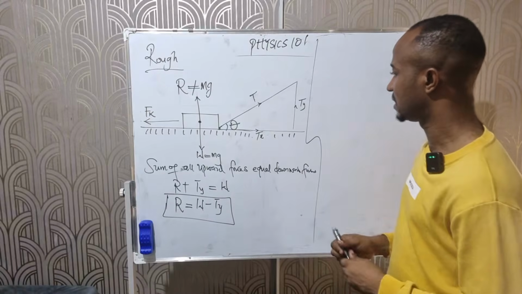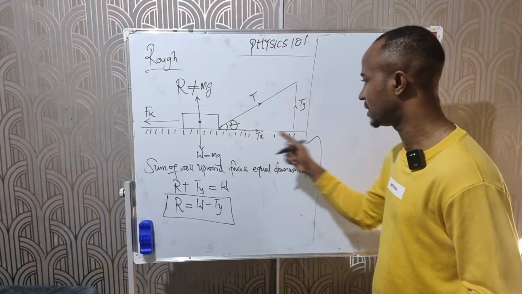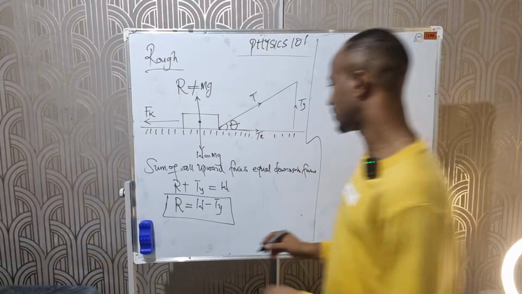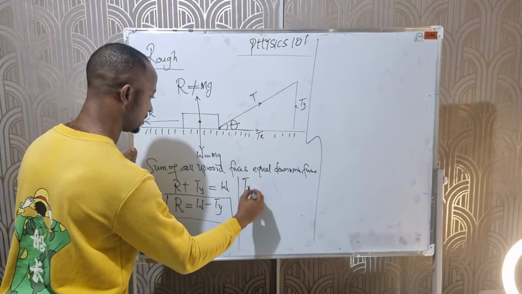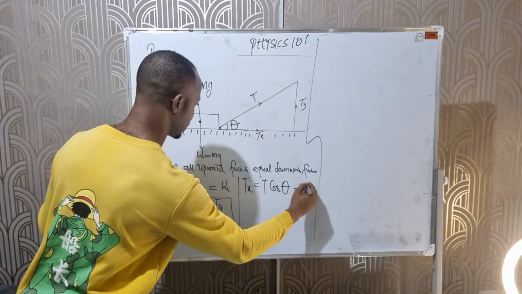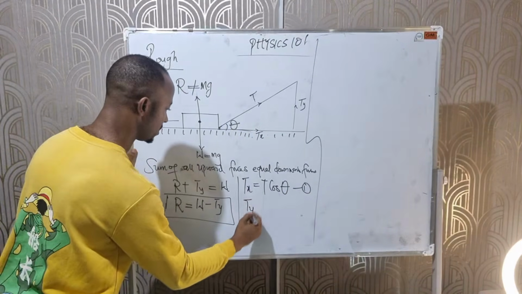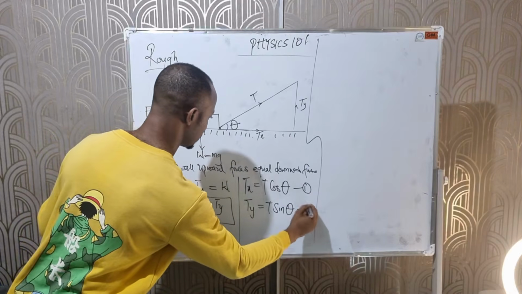So let's look at this now. Since the angle of inclination is along the horizontal axis, in vector resolution we can say that our Tx is simply T cos theta, equation 1, while Ty will be T sine theta, equation 2.